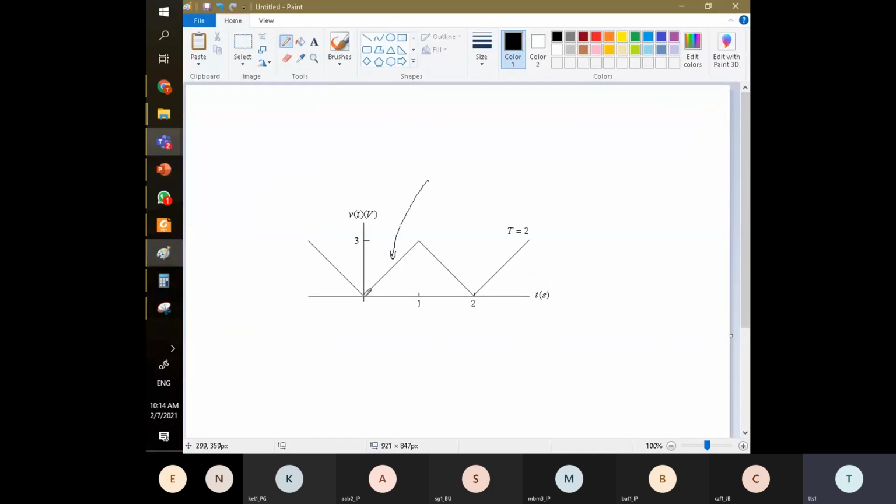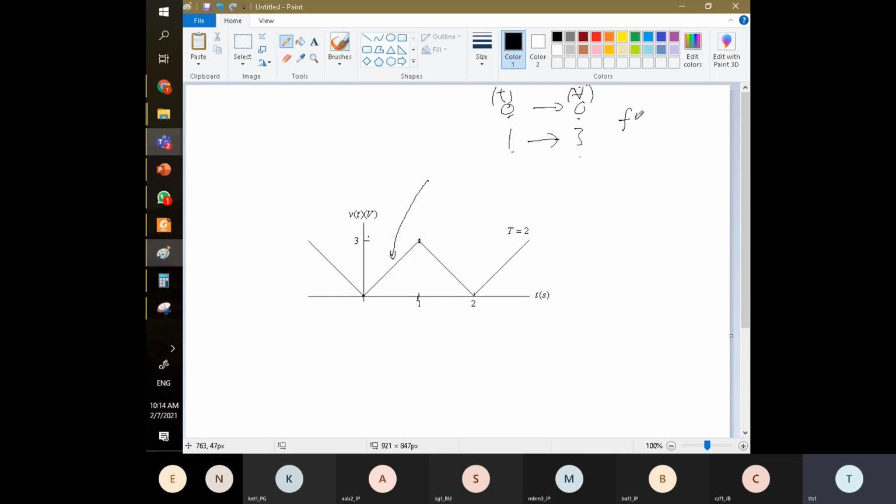In the math, 0 gives 0, and 1 gives 3. If it's 0, then it's 0. If it's 1, then it's 3. So the function should be, here's t, here is the value v. When t is 0, we get 0. When t is 1, we get 3.